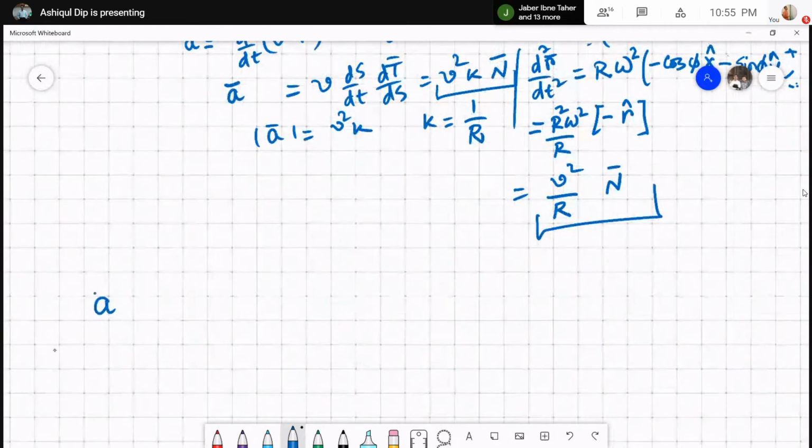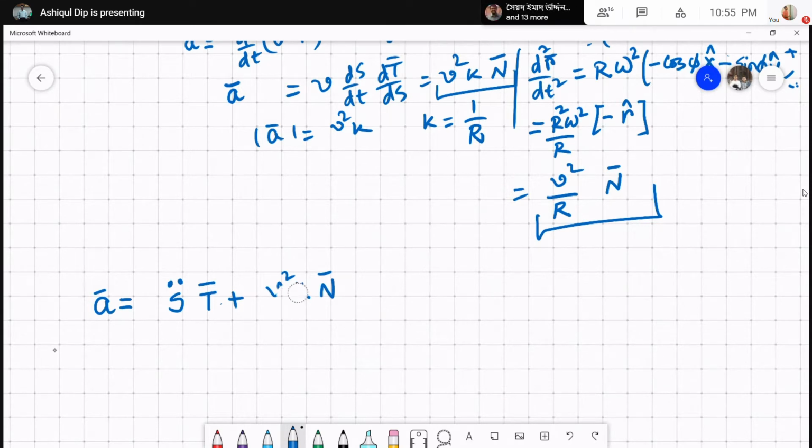We got that our acceleration a resolves like this: dv over dt, or more generally I can write it as s double dot, in the t direction, plus v squared k in the n direction. Now by comparing with this one, we can write it as v squared over r, like that.